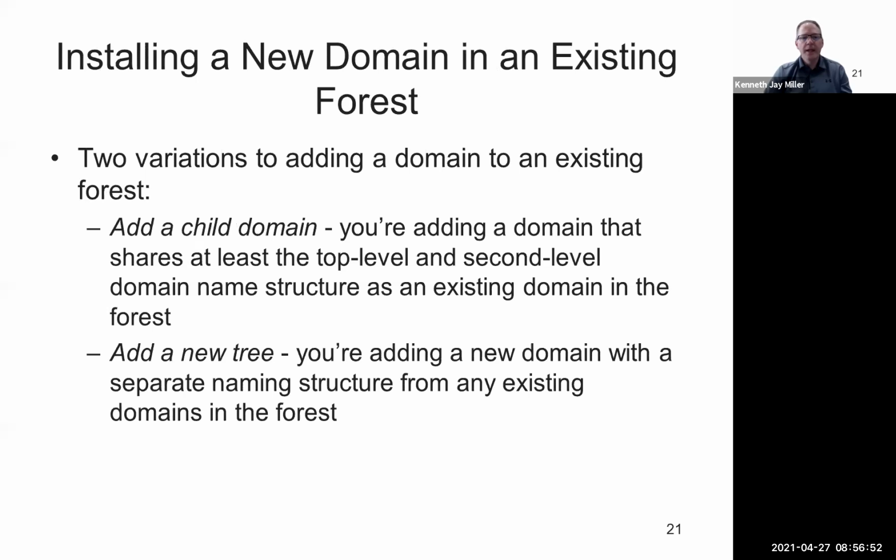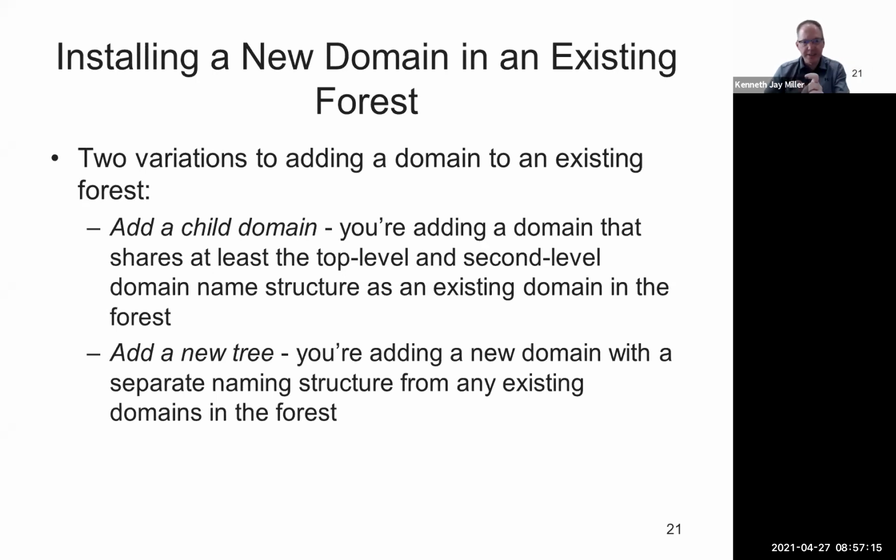All right. And then we can talk about forests. So installing a new domain in an existing forest. So this is the option there. There's two variations. We can add a child domain, which means we're adding a domain that shares the top level and second level domain name.